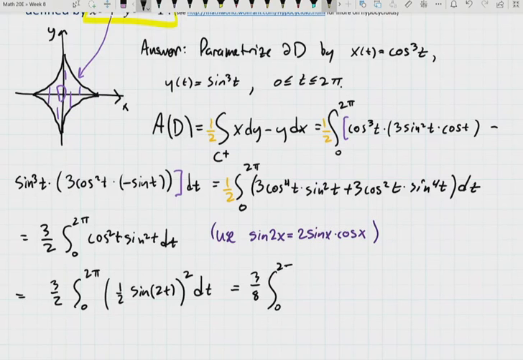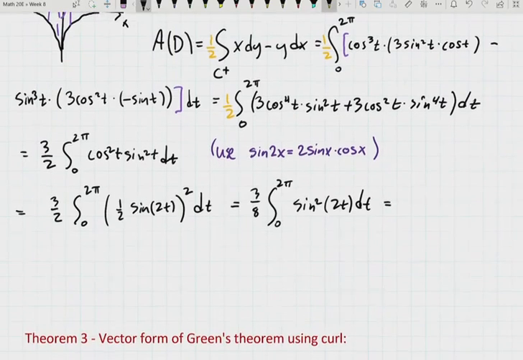But I still now have to integrate sine squared of 2t. Okay, how do I do that one? Sorry? Power reducing formula? Oh, yes, exactly. That's exactly right. Cool.